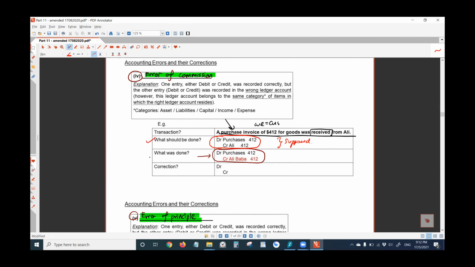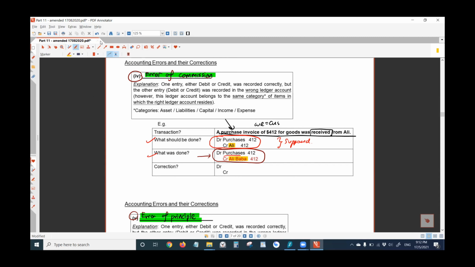But instead, they debited purchases and credited Alibaba. So where is the mistake? The mistake is the name of the account. Instead of Ali, they credited Alibaba account, which is another person's account. That's the mistake. This Ali account is the correct account. This Alibaba is the wrong one, the mistake made by them.